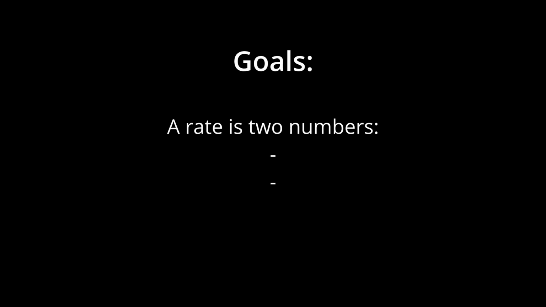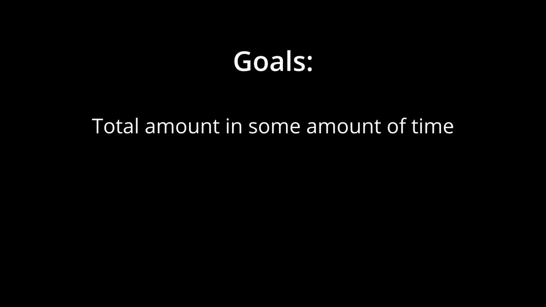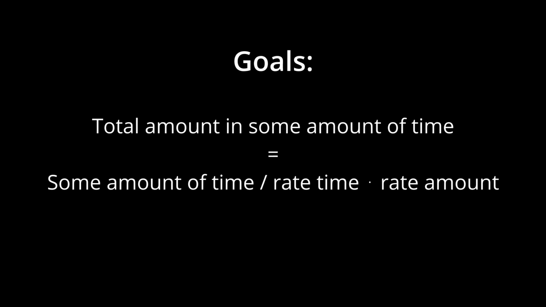I want to say that a rate is a combination of two numbers, one describing, in this case, an amount of apples, and one describing an amount of time. I want it to be true that, for a particular rate to describe how quickly I can gather apples, it should be the case that I can find the amount of apples I can gather in any amount of time by dividing that amount by the amount of time in the rate, and then multiplying by the number of apples in the rate.